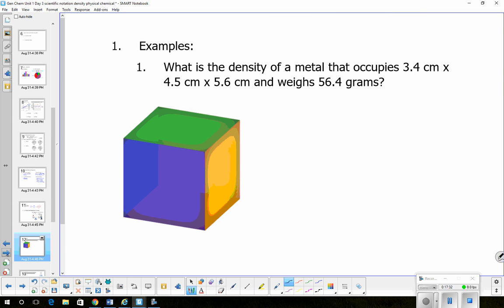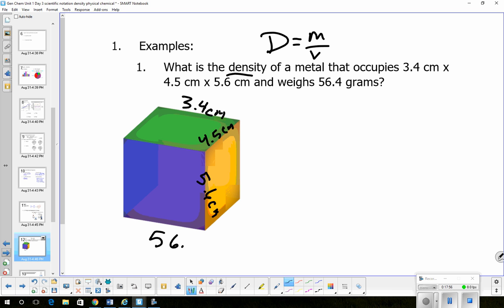Okay, so let's do some problems here to work with. What is the density? So I'm looking for the density of a metal that occupies 3.4 centimeters times 4.5 centimeters times 5.6 centimeters and weighs 56.4 grams. Okay, what do I need to do to find the volume?